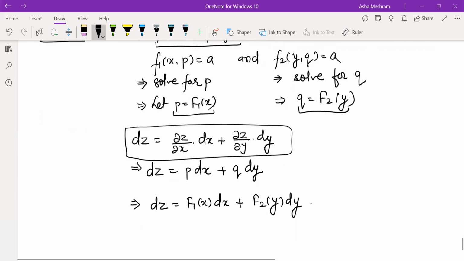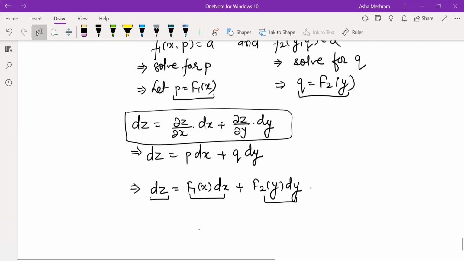Now you can see the terms are separated. Z का टर्म सेपरेट है, x का टर्म dx के साथ सेपरेट है, y का टर्म dy के साथ सेपरेट है. So easily we can integrate.